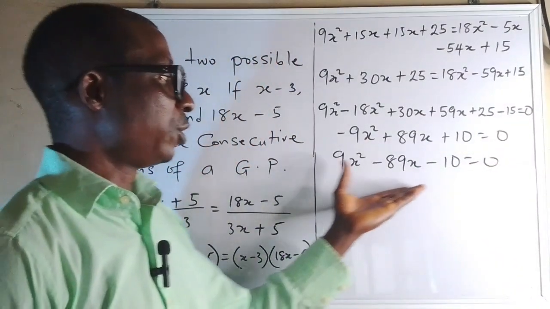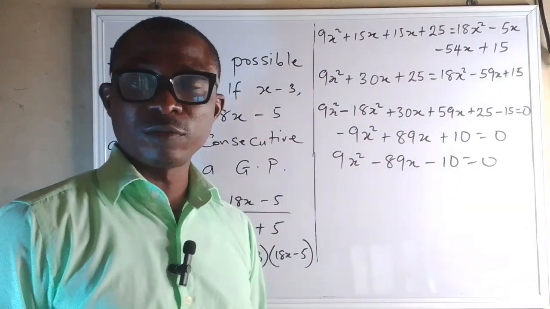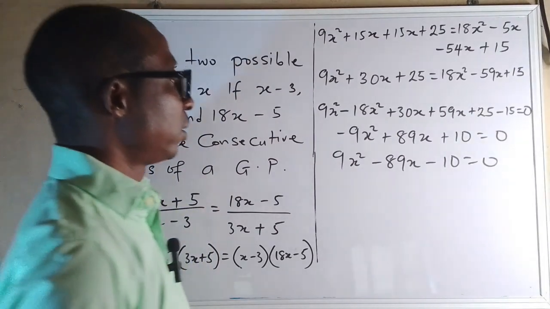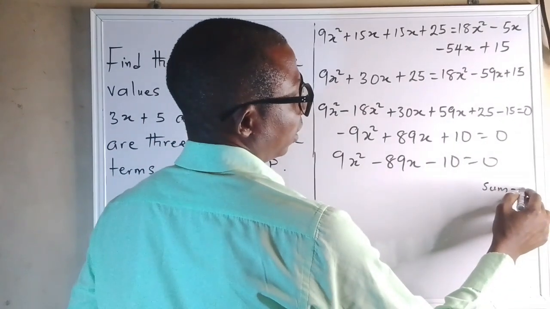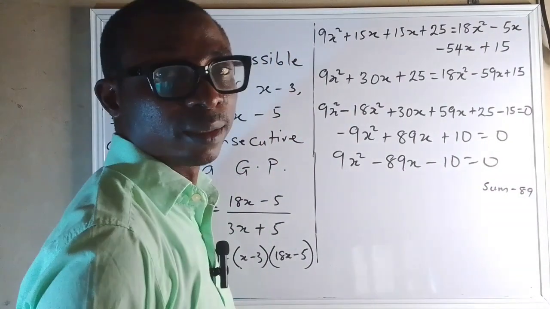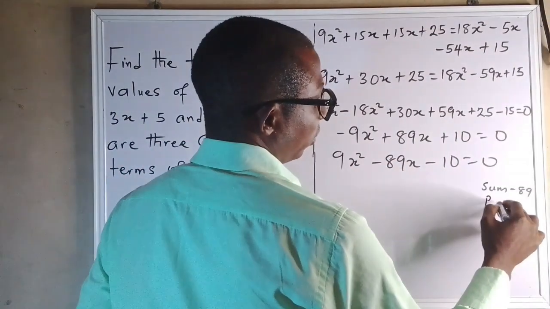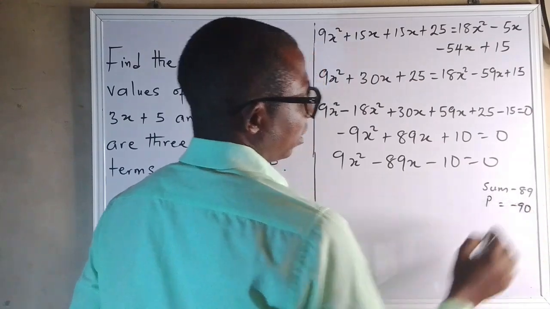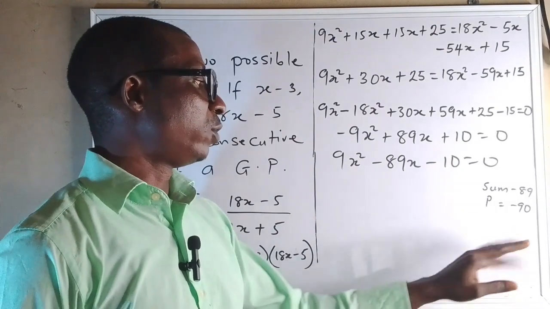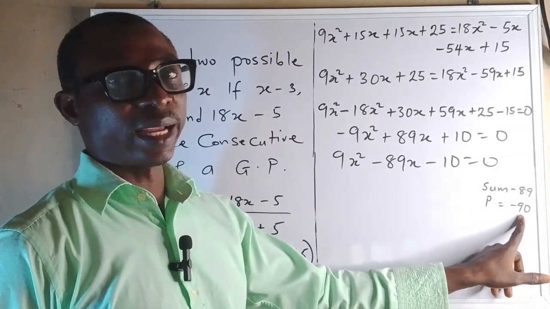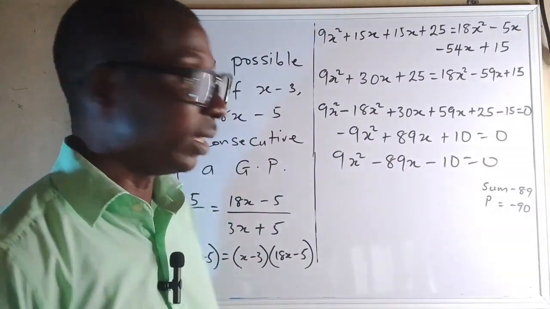All right, this is a quadratic equation which we can solve using any method, but let's use our factorization method. Now, our sum in this case is minus 89, and the product, 9 times minus 10, is minus 90. Right? So now we need two numbers such that when you multiply together you have minus 90, and when you add together you have minus 89.